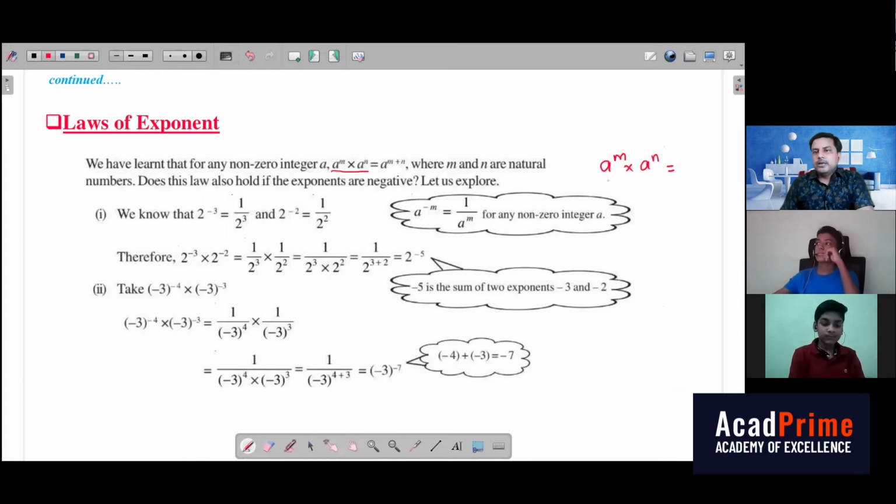Here the base of both is the same. So the rule is that if the base is the same, then the powers will be added together.